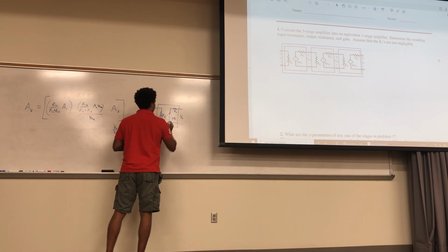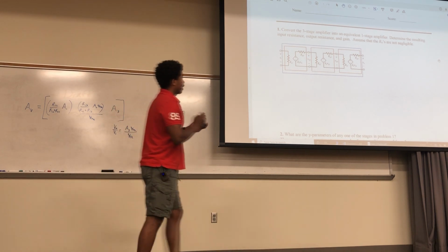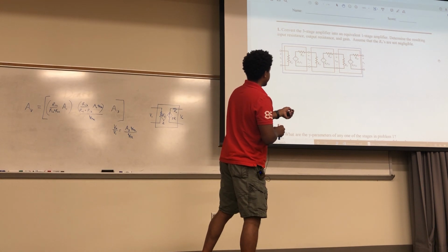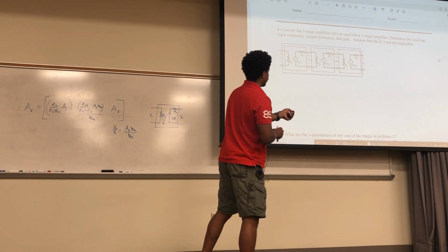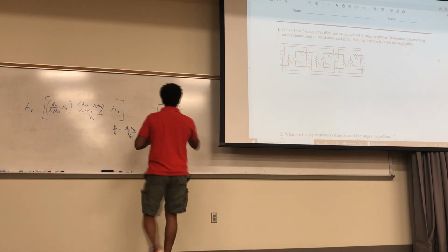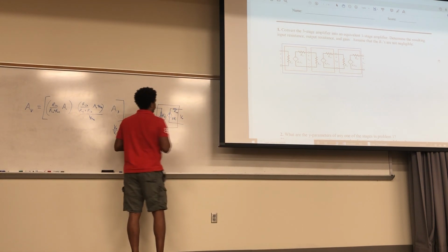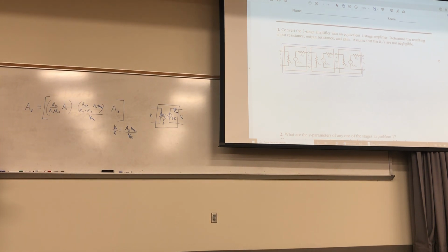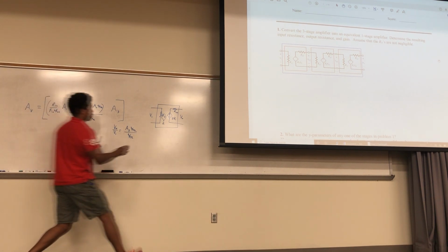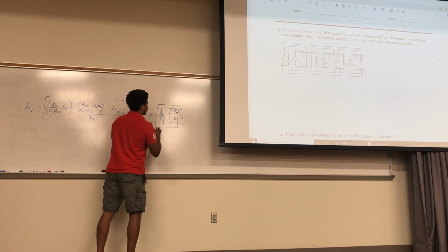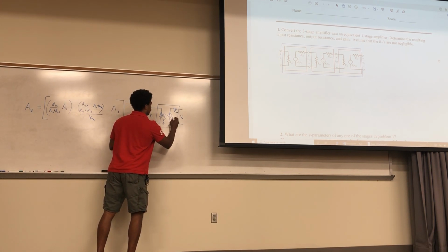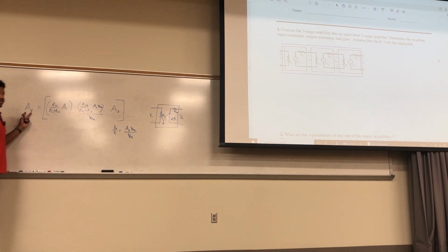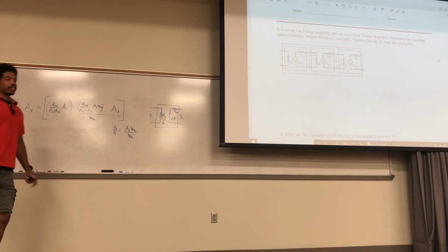And Ro right there is just going to be that one right there. Looking in this direction, that's what it experiences. So Ro3. Yeah, AV. So that's what this is. Any questions about this?